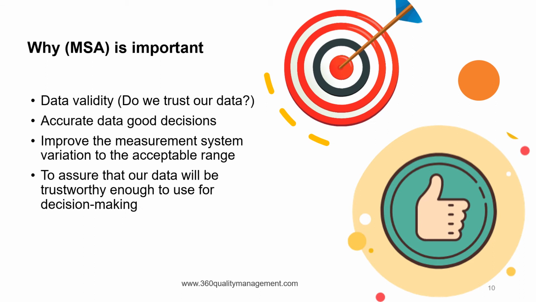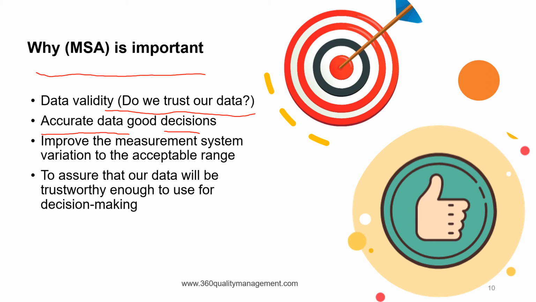Measurement system analysis helps us answer whether we can trust our data, because we are able to isolate the measurement variations from the total variation that we observe, as stated in the last slides. As you know, accurate data is important to make good decisions.